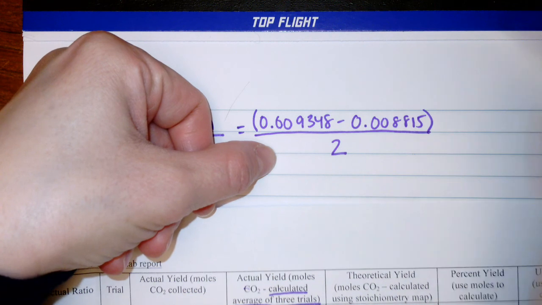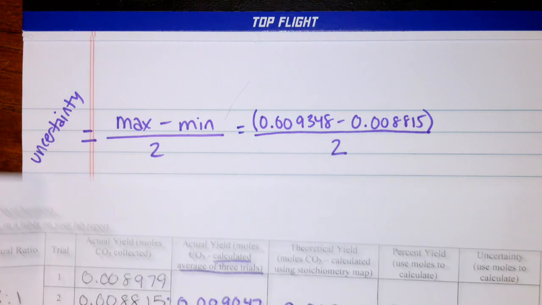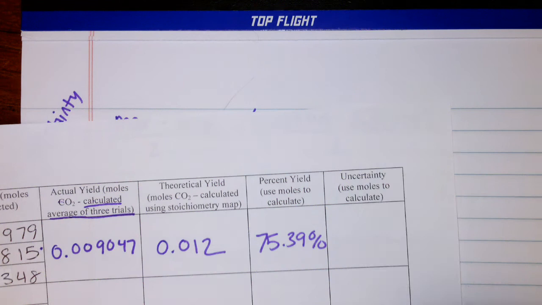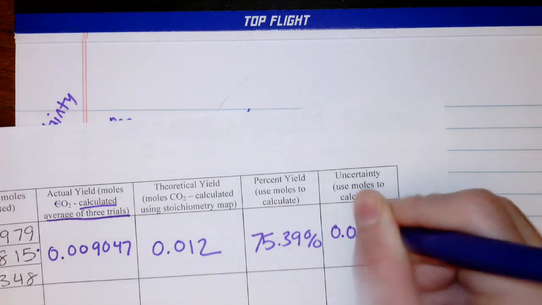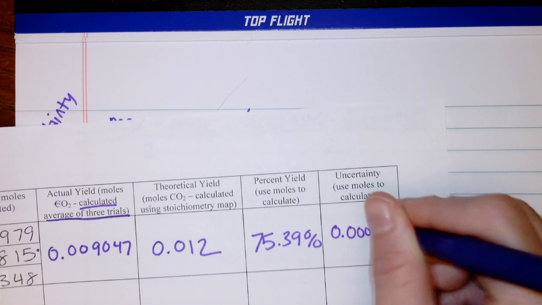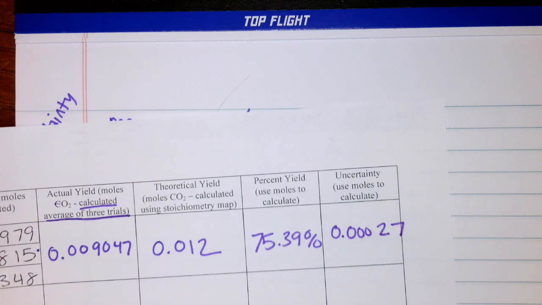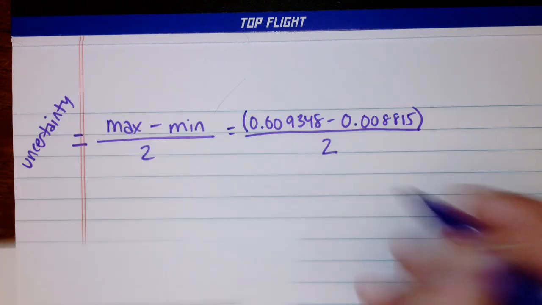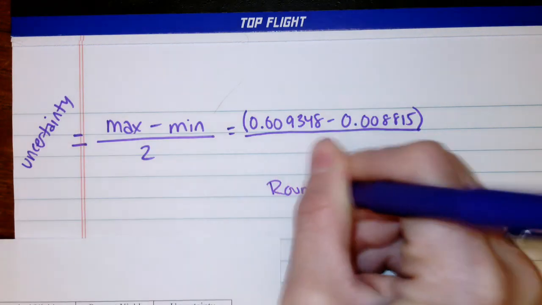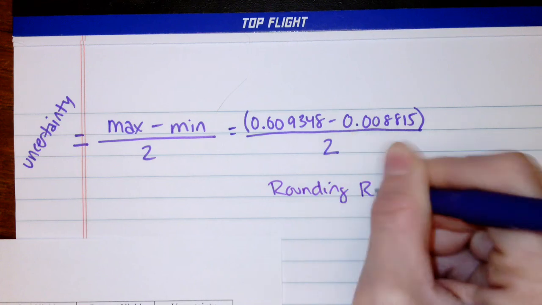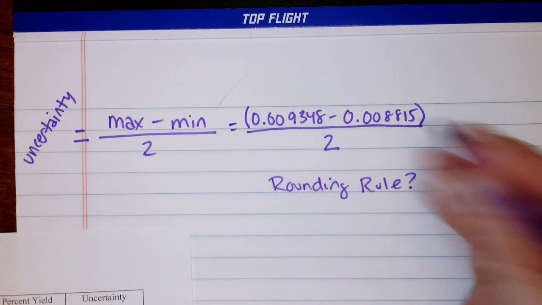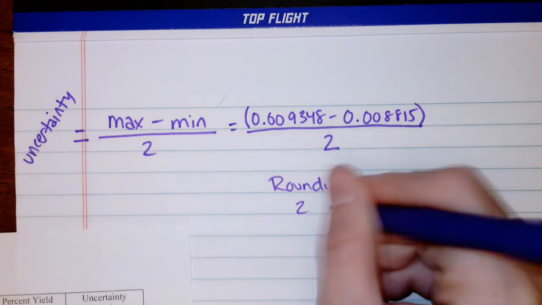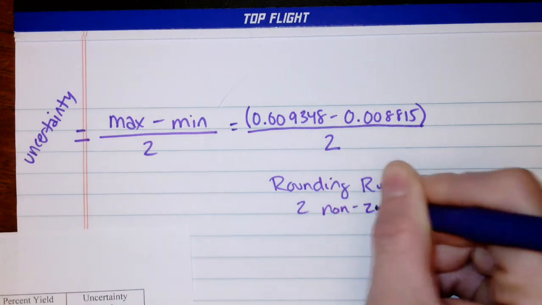Okay. So when we actually solve that out, we end up getting a very tiny number, 0.00027. And when we're rounding here, I think the rule with rounding should be round so that there are 2 non-zero digits.